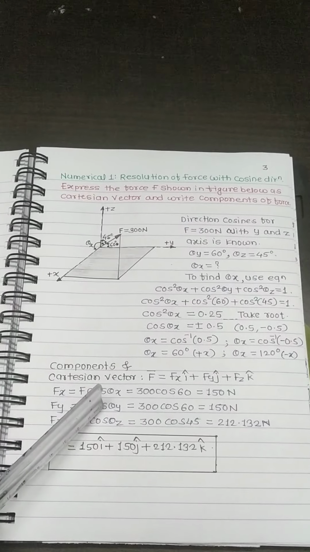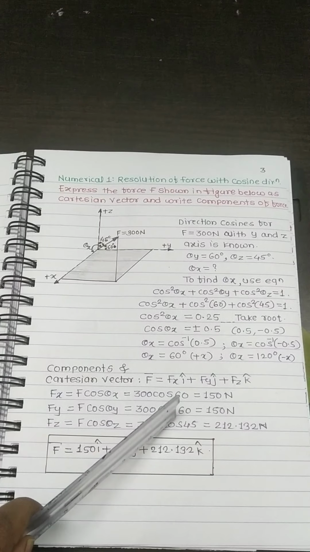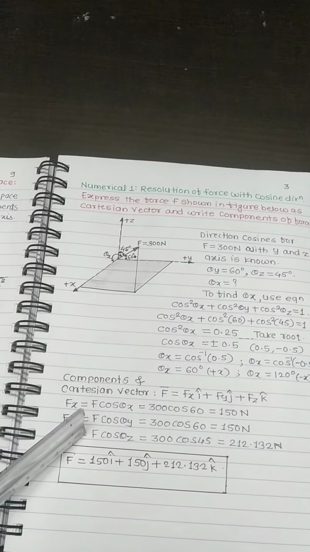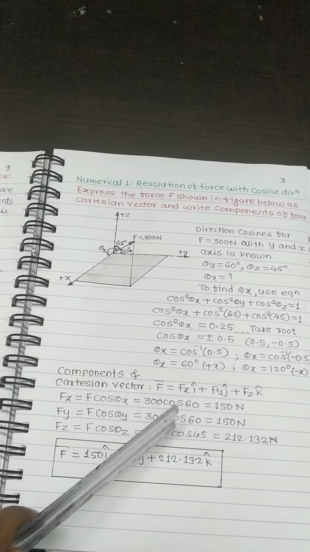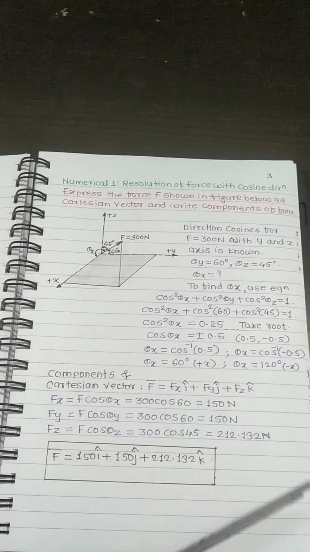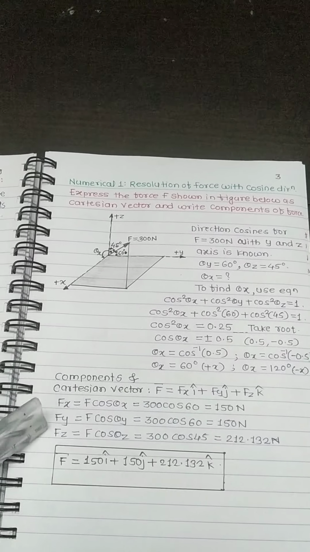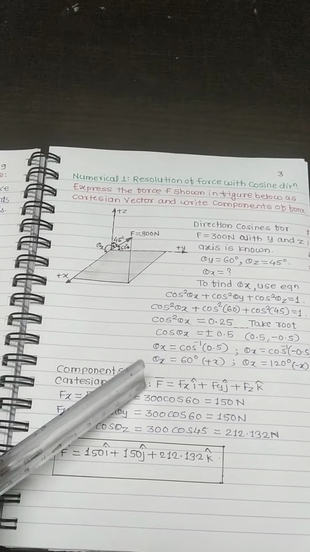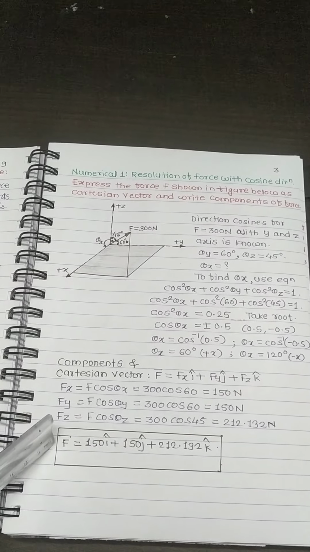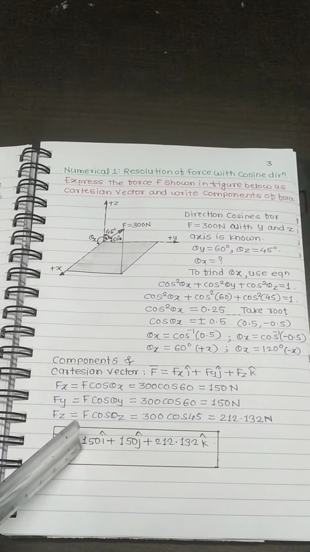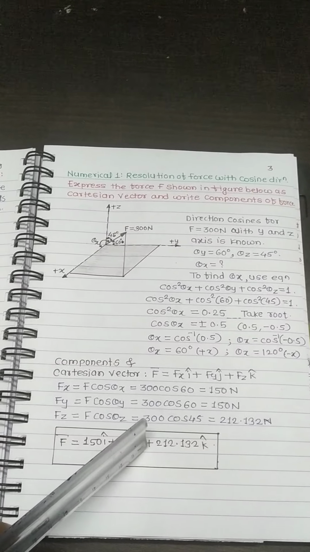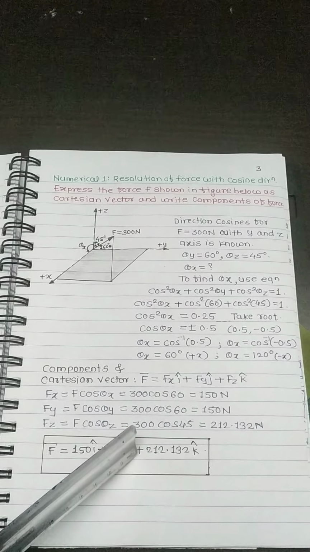Fy is F cos theta y, 300 cos 60 equals 150 Newton, and Fz is F cos theta z equals 300 cos 45 equals 212.132 Newton. These are the components of the vector F in the Cartesian coordinate system. The vector is expressed as 150 i cap plus 150 j cap plus 212.132 k cap.